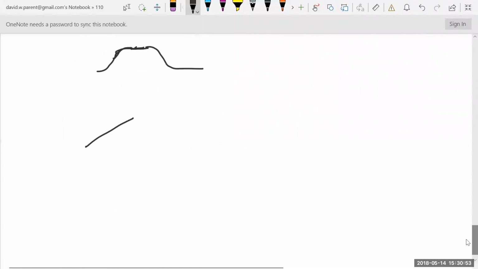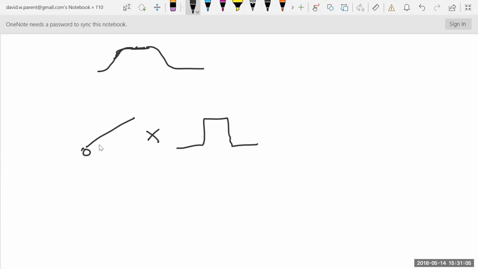If I have a ramp convolved with this, well, this is going to keep increasing. This might go up and off and on, but this multiplied by this will just keep getting bigger. It never goes back down, right?